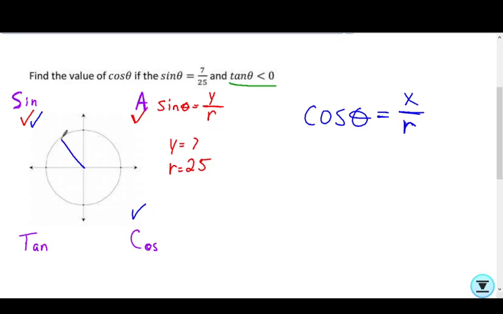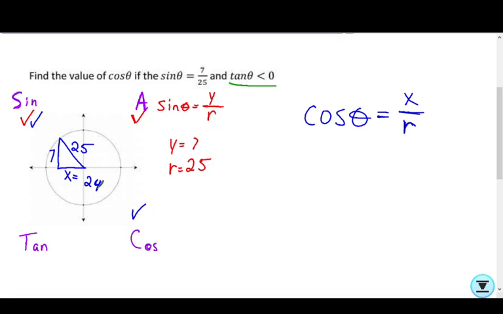So I know my triangle is here, with my y value being 7 and my r value being 25. Now I need to find x. Now you could do Pythagorean theorem, or this is a Pythagorean triple, the 7, 24, 25 triangle. So I know that this side is 24.